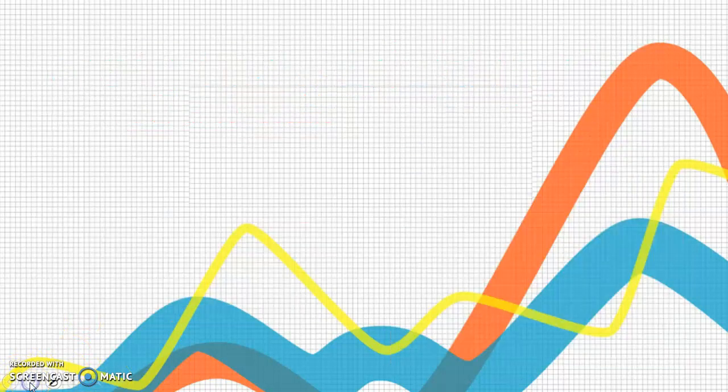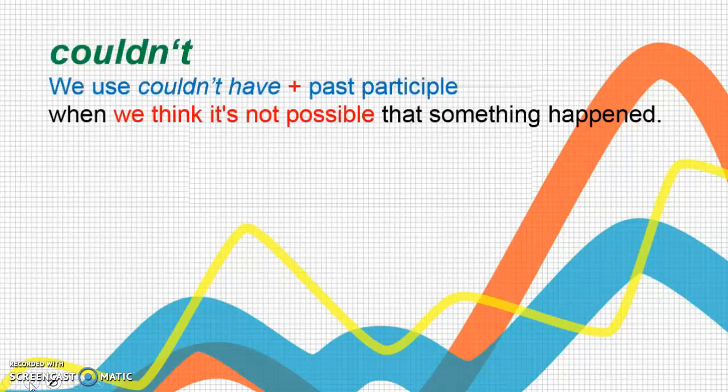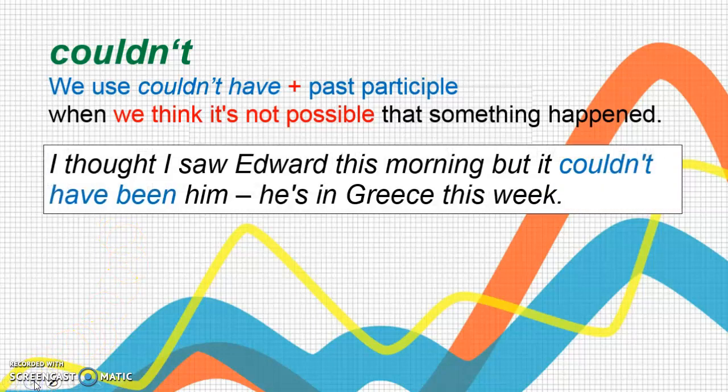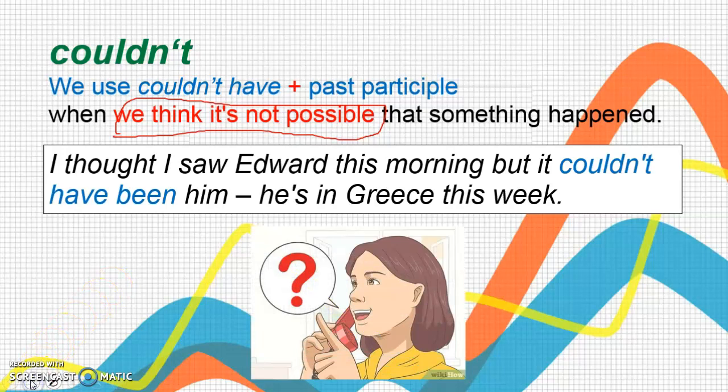Now, let's continue, and the last modal verb is couldn't have. Couldn't have plus past participle. We use this modal verb plus past participle when we think something is not possible. For example, I thought I saw Edward this morning, but it couldn't have been him.